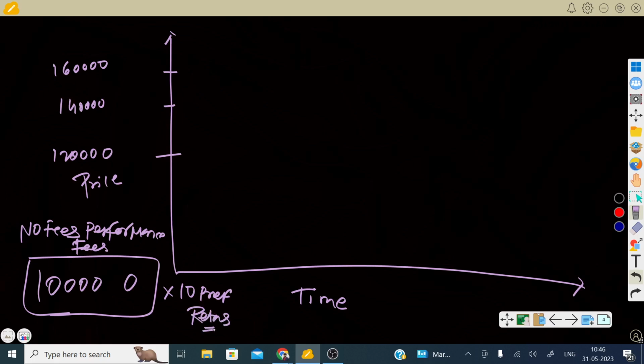So every year that investment will receive 10% of preferred return. It means it's an interest payment, where the investor will receive accrued interest of 10% per annum. Simple.